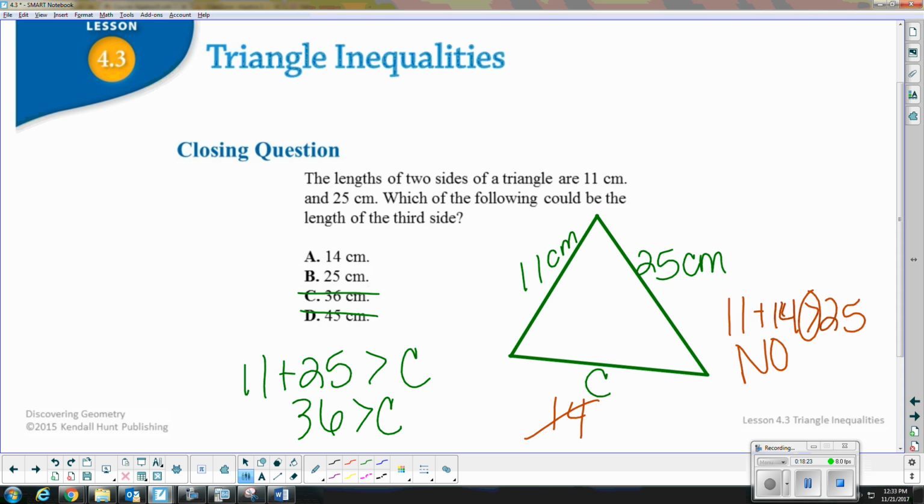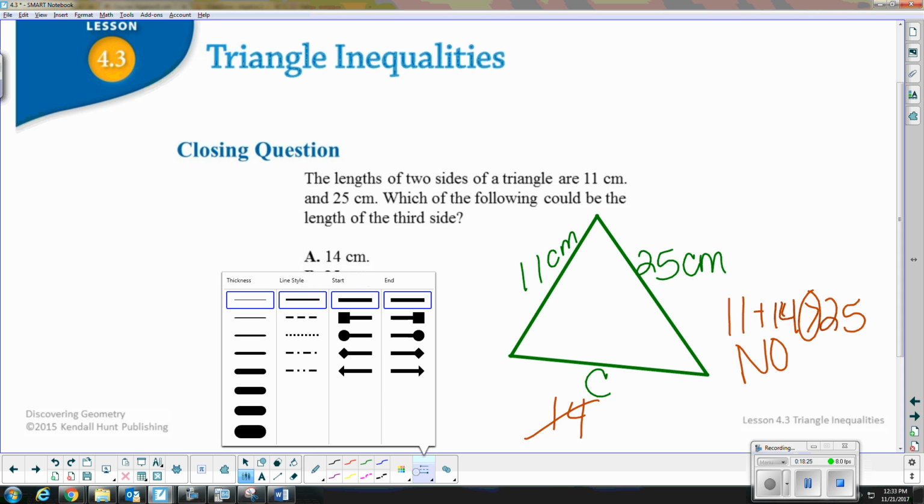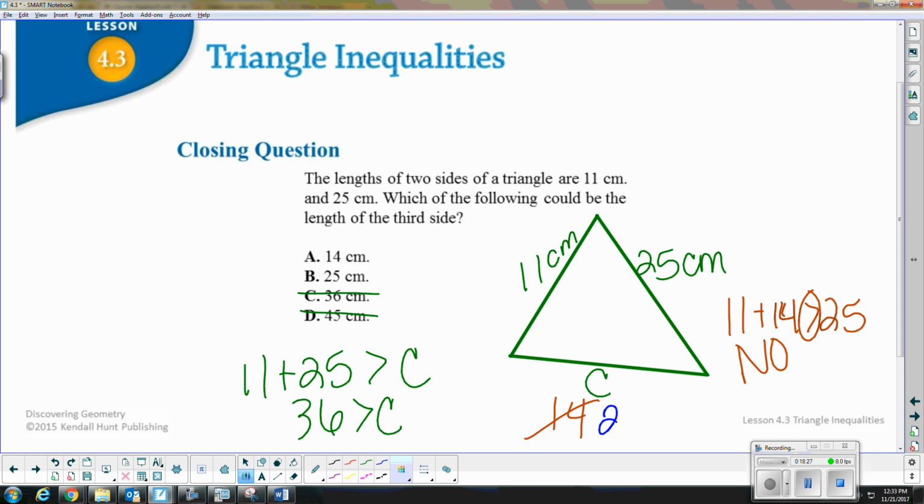So let's try 25. So 11 plus 25, is that greater than 25? Yes, it is. What about these two?